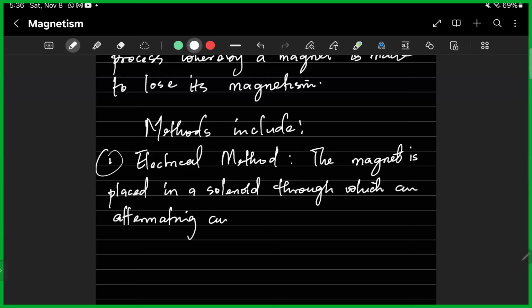So once you have an alternating current flowing, that's the end. So the magnet is placed in a solenoid through which alternating current is flowing.